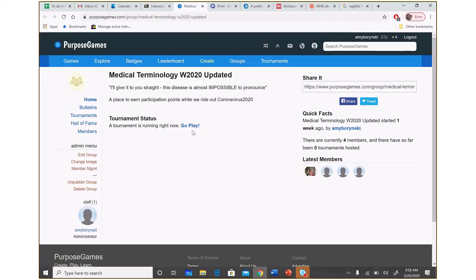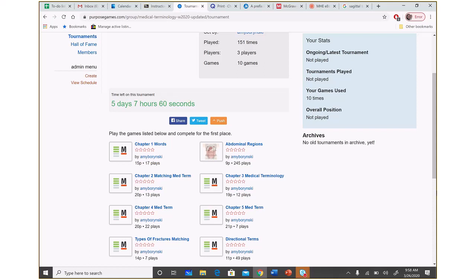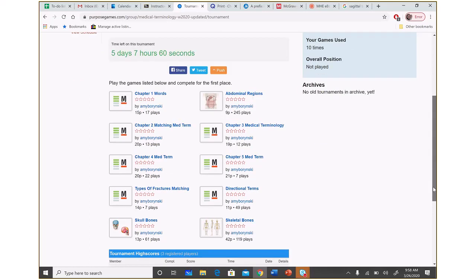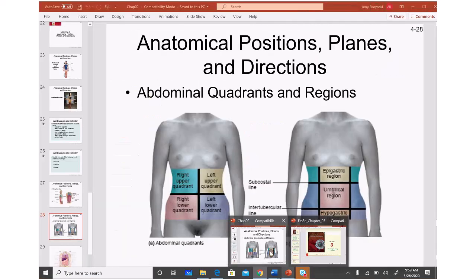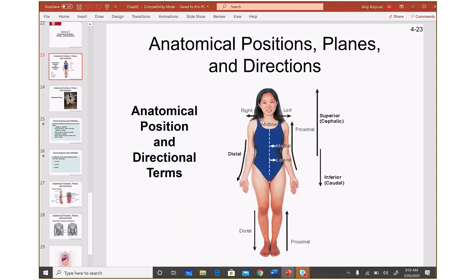So if there's purpose games to it, I would make sure that you know that stuff. I did the abdominal regions as a game, so I would make sure you understand those, because that's going to be huge. This is just something that's interesting, but it's only 3 things. You'll survive past it if you didn't kill yourself over it.